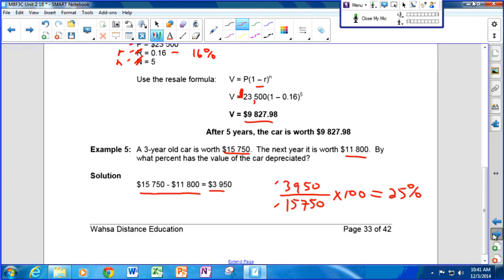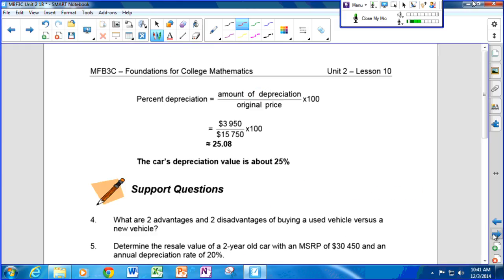Okay, so they didn't round to units, they just kept 2 digits of precision, which is amazing. Yeah, about 25%. Wow, they did the same calculation as I did. In case you're wondering where this comes from, the actual algebra there is if you let x be the percent depreciation, x over 100 equals 3,950 over 15,750.